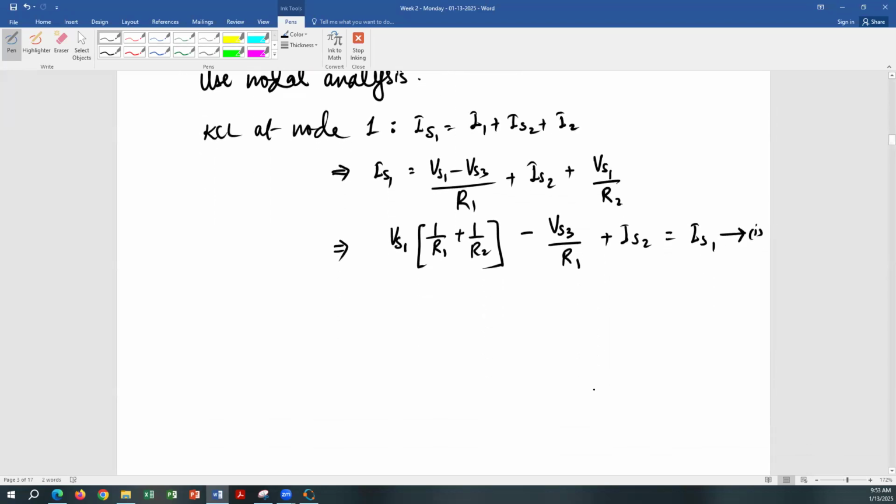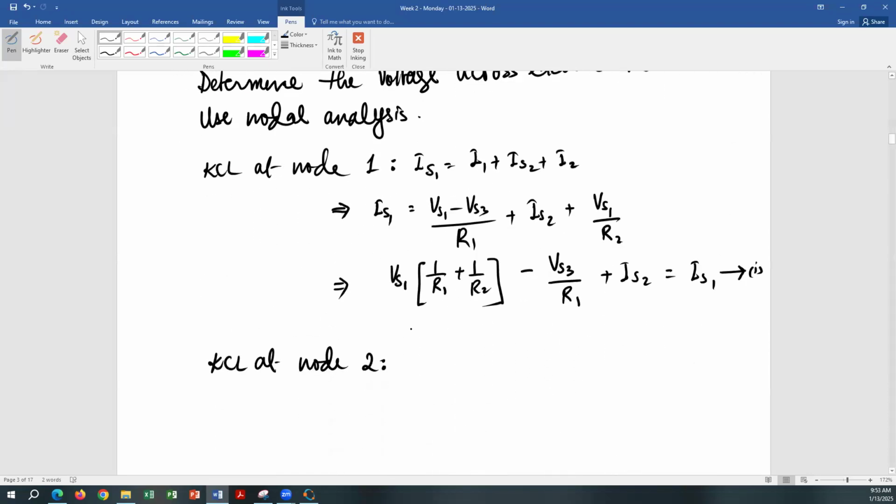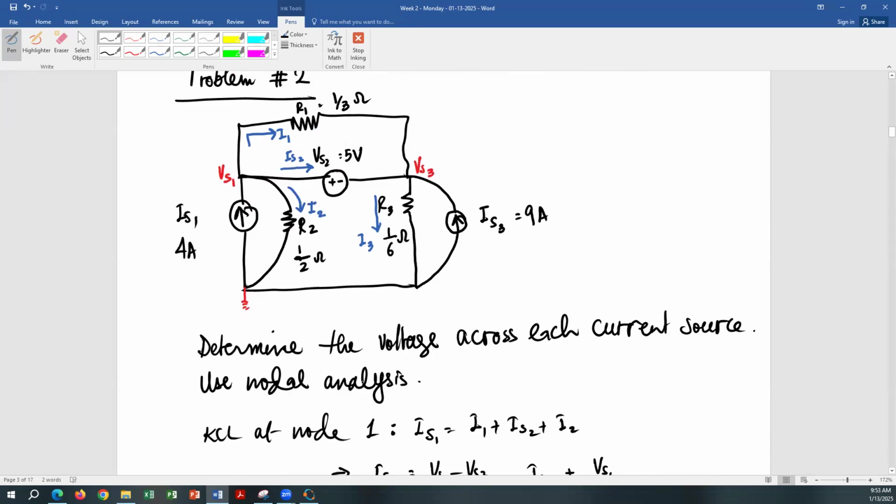Okay, so now KCL at node 2. All right, what will be the KCL equation at node 3? Sorry, not 2. KCL at node 3 with the voltage Vs3. What will be the KCL equation at node 3? Is2, okay, plus Is3, okay.